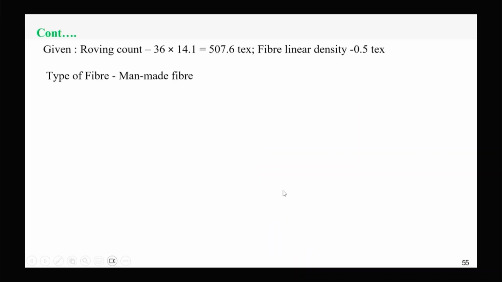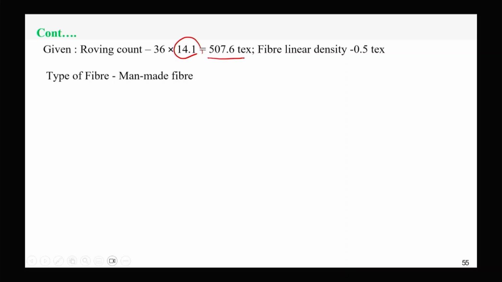Next is the roving stage you have to calculate. The roving linear density, draft is 14.1 at the ring frame.